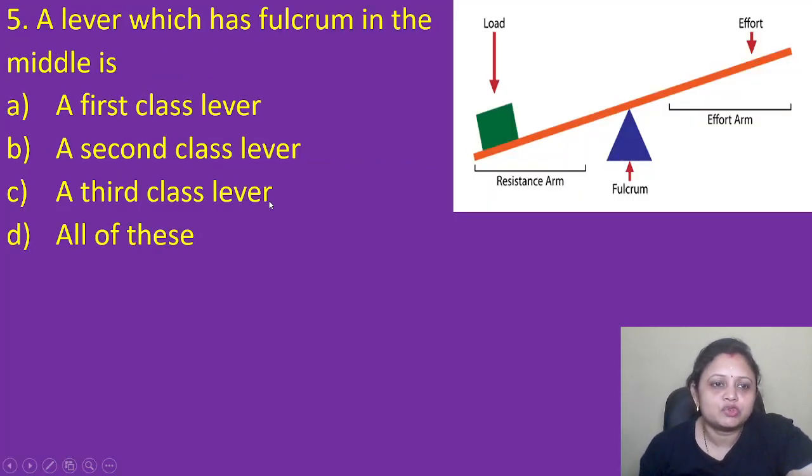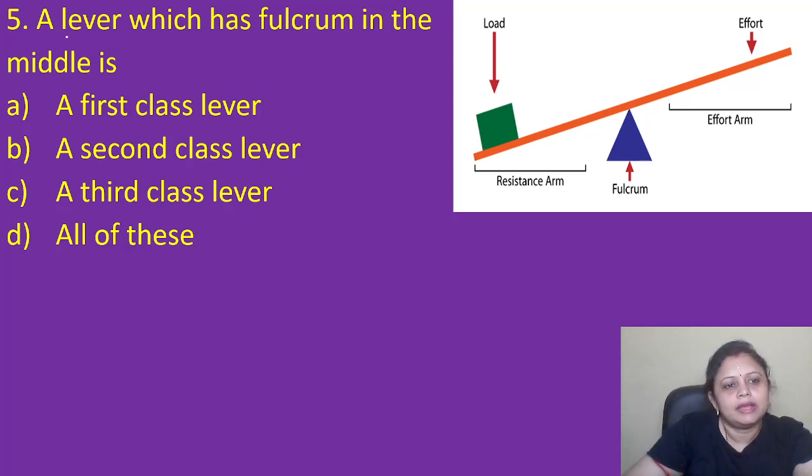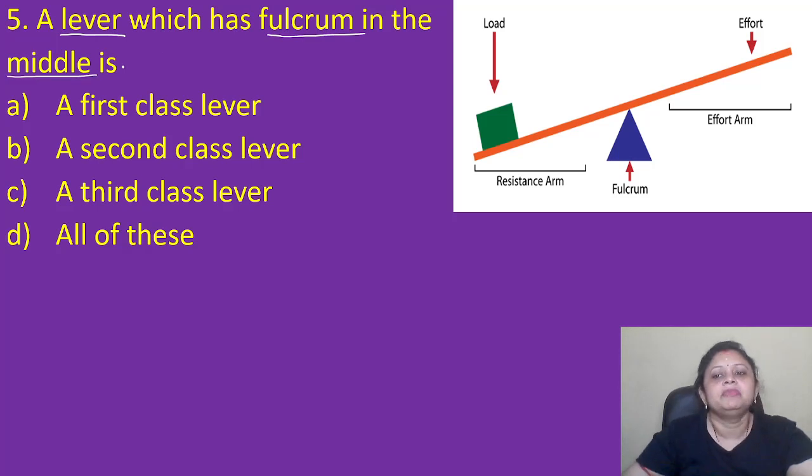Coming to the next question, a lever which has fulcrum in the middle is option A, a first class lever. B, a second class lever. C, a third class lever. D, all of these. So a lever which has fulcrum in the middle. So you can see here fulcrum is there, right? Fulcrum is in the middle.